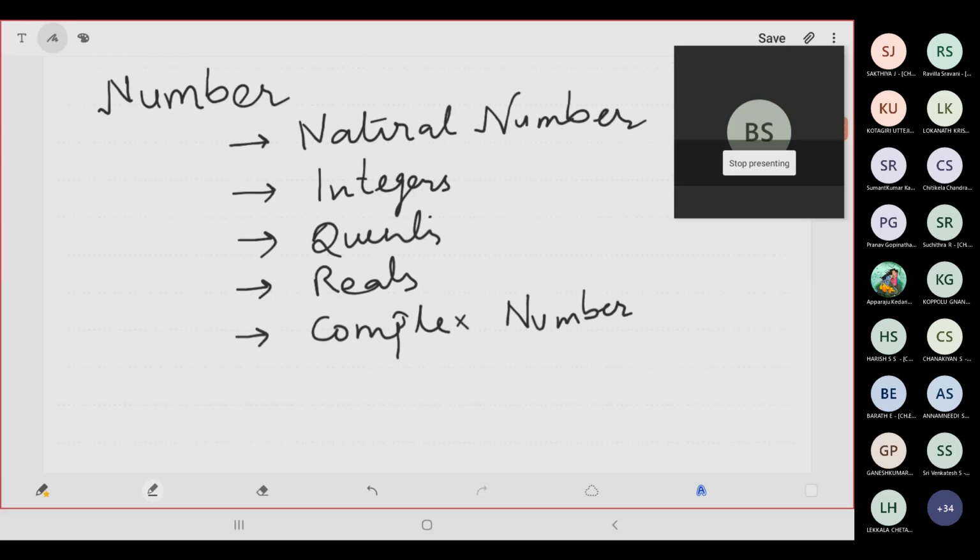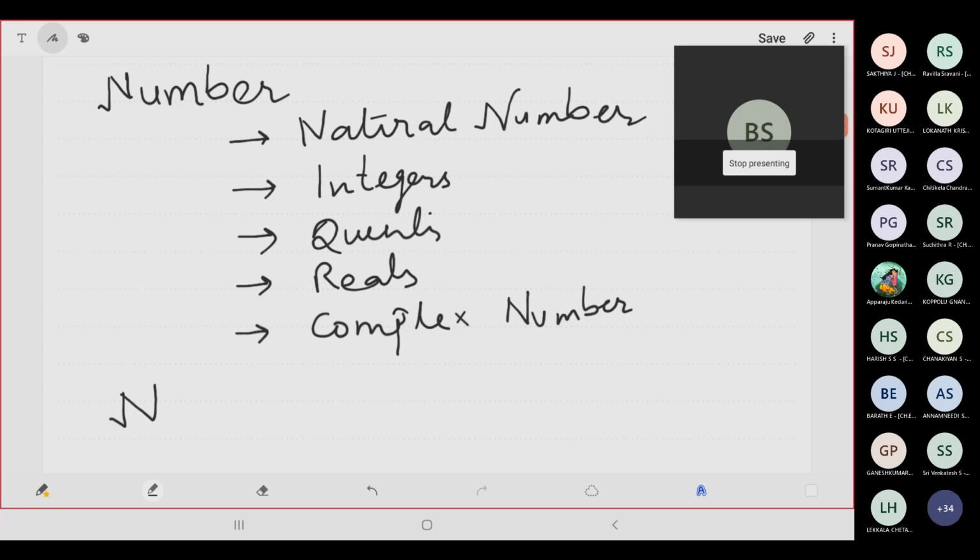A natural number is nothing but a positive number. N is the set of natural numbers, but in your syllabus we will follow a particular notation for natural numbers.